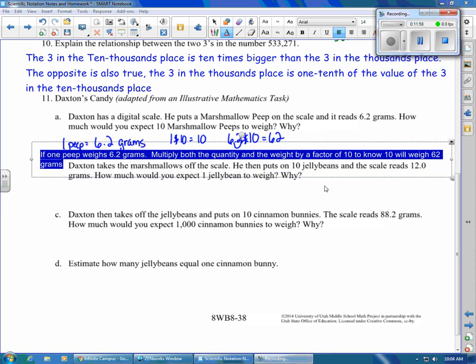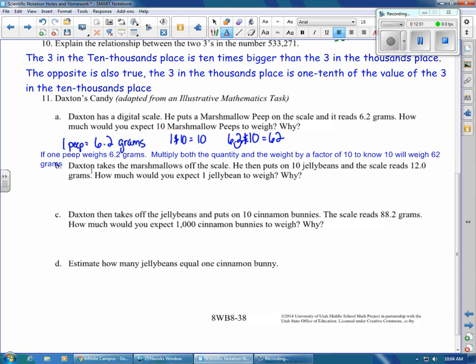All right, so now he's going to take the peeps off and he puts 10 jelly beans on the scale and it reads 12 grams. How much would you expect 1 jelly bean to weigh? So 10 beans equals 12 grams. 1 bean, how much would you expect it to weigh?